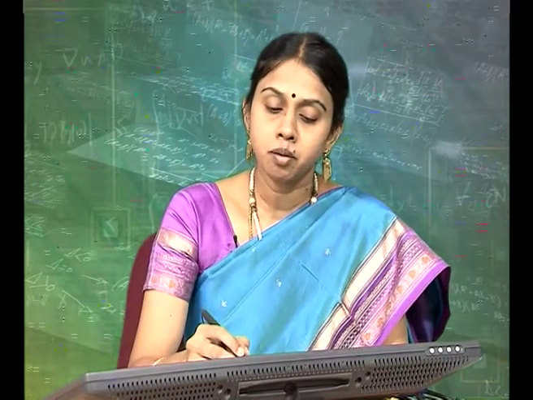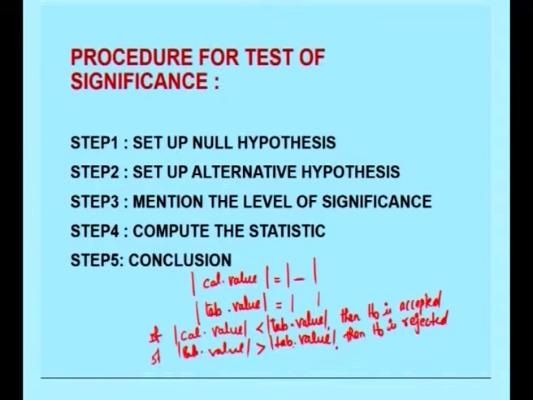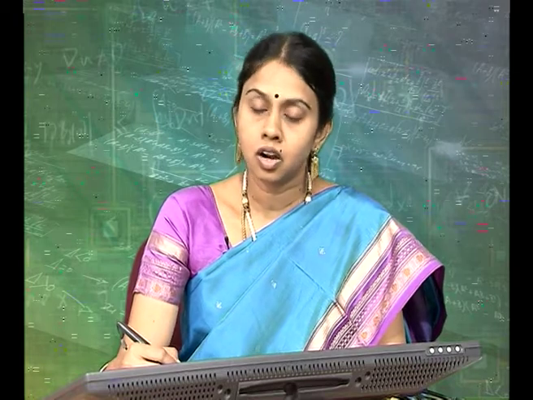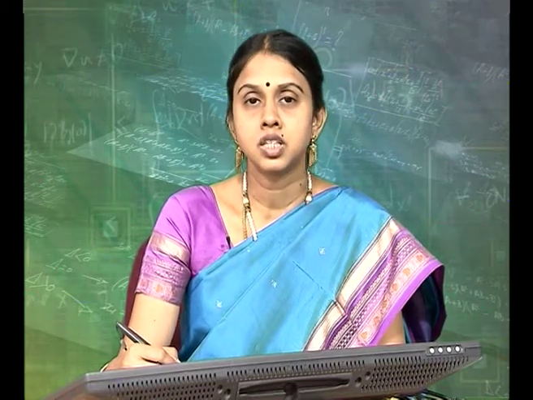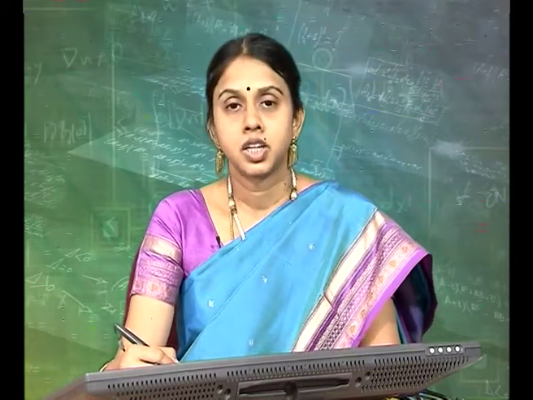When H1 is accepted, the ultimate conclusion or inference is the statement which you have written in step 2, and it should be written as the conclusion. According to the comparison between calculated and tabulated value, H naught is accepted or rejected, and accordingly the conclusion statements are extracted from step 1 and step 2.